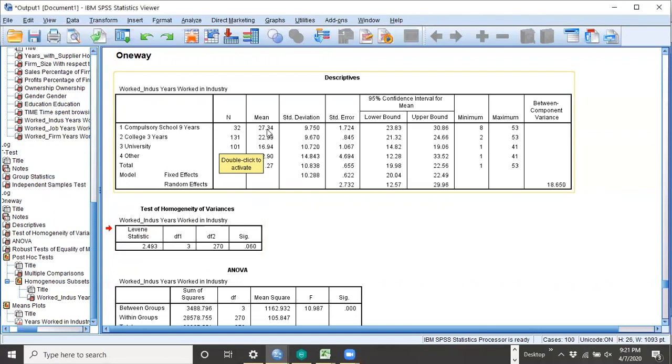People with compulsory education have spent on average 27 years working in the industry. College 22, almost 23 years. University only 17, and then other 20, almost 23.